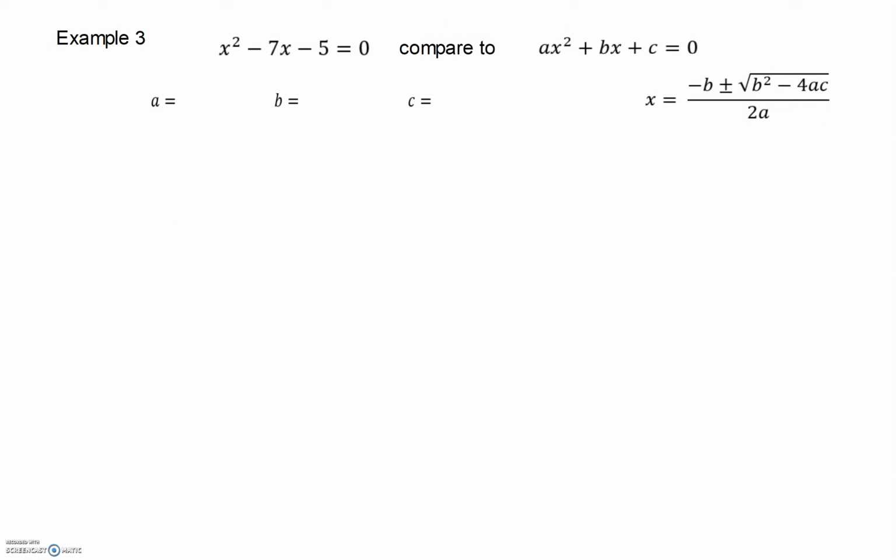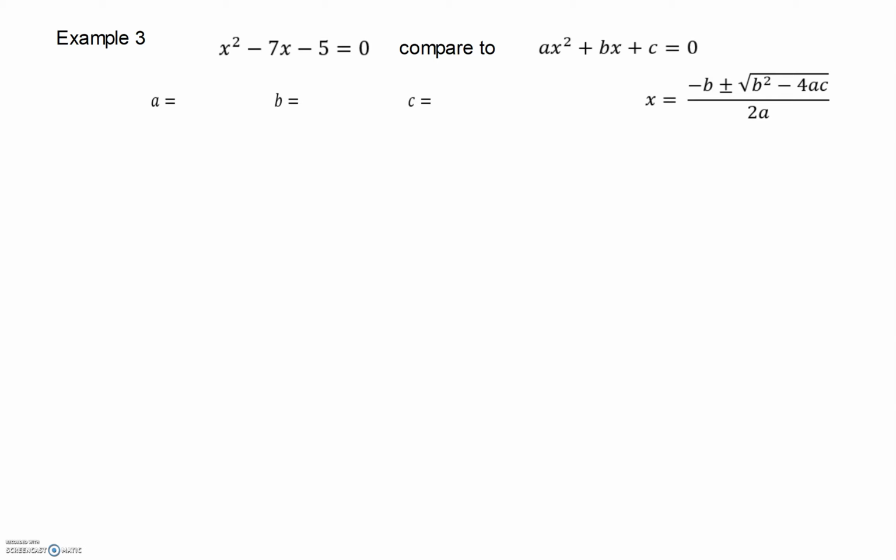So let's move on to example 3, which was one of the ones that we couldn't factorise, and so we're not expecting our answers to be an integer or to be a nice simple fraction. So I'd like you to work this one along with me. Put a title of Quadratic Formula into your books and write down the example x squared minus 7x minus 5 equals 0.